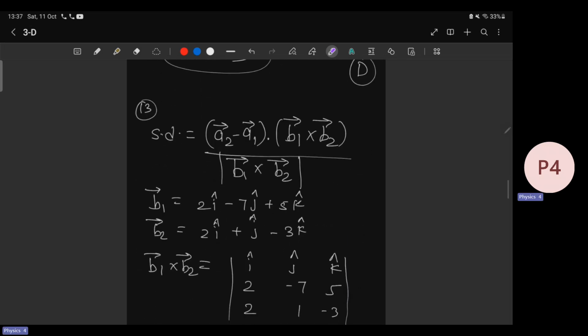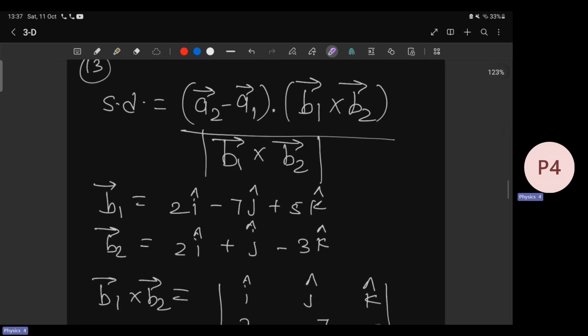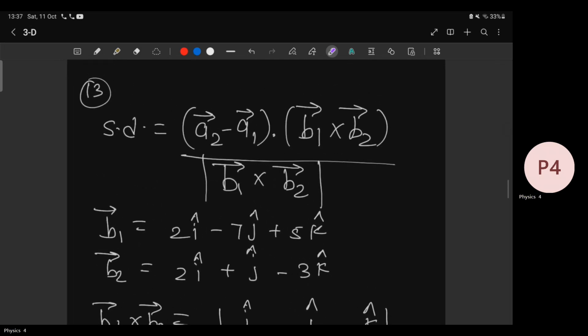We next move on to question number 13. We have to find out the shortest distance between two lines. So we all know this is a very important formula.